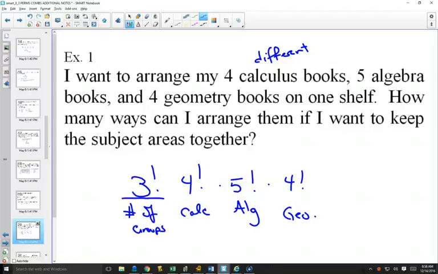And then I have 3 decisions in there. Which one first, which one second, which one third. Decision 2, how am I going to arrange my calculus books? And then that's 4 factorial in there. Decision 3, decision 4. So this is like the fundamental counting principle, but our number of choices in each decision are some really big numbers.